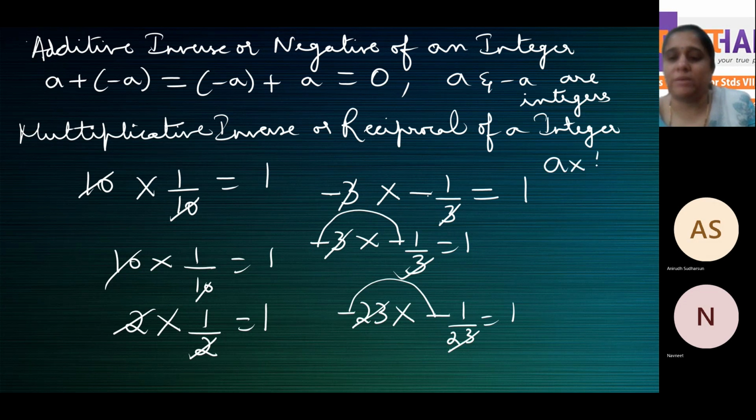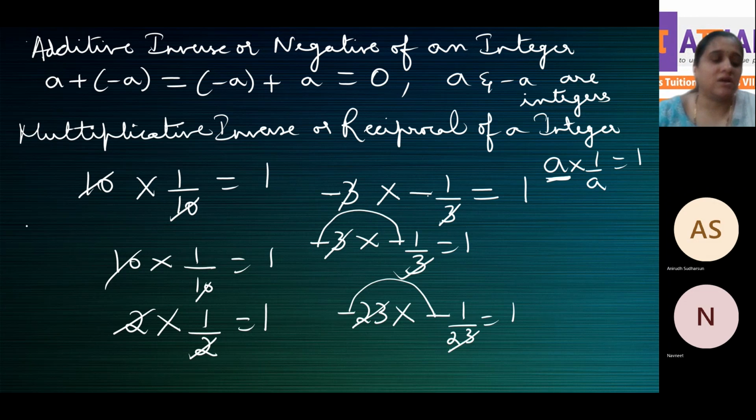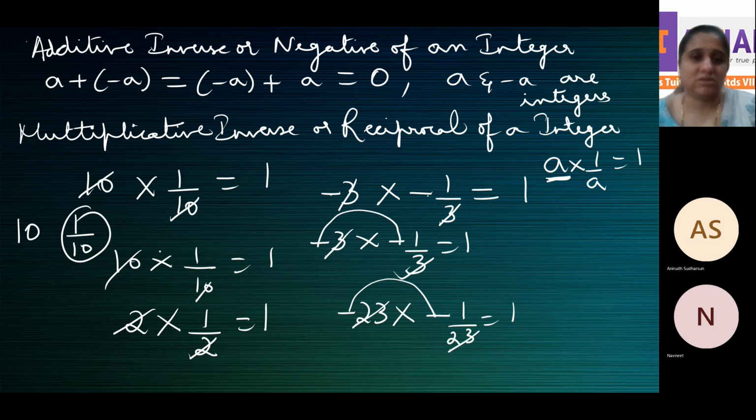So a into 1 by a is equal to 1, where a is an integer. 1 by a need not be an integer, because when you take the integer 10, its reciprocal is 1 by 10, but 1 by 10 is not an integer.